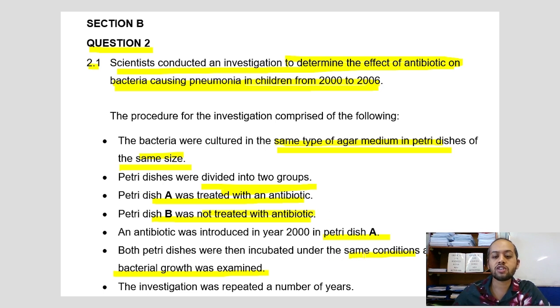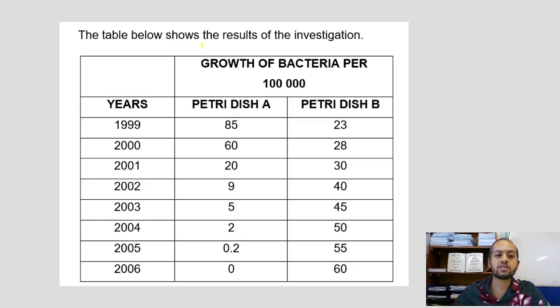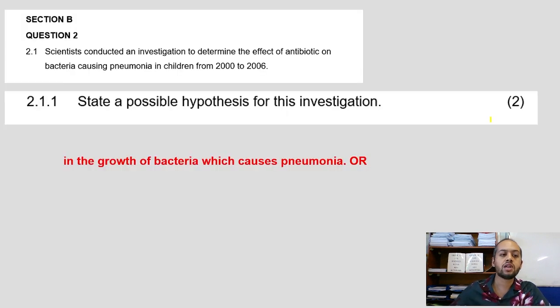The petri dishes were incubated under the same conditions and the bacterial growth was then examined. So the table below shows the results of the investigation. You have your years, you have your growth of bacteria per 100 for petri dish A as well as petri dish B. The first question asks you to state the possible hypothesis for this investigation.